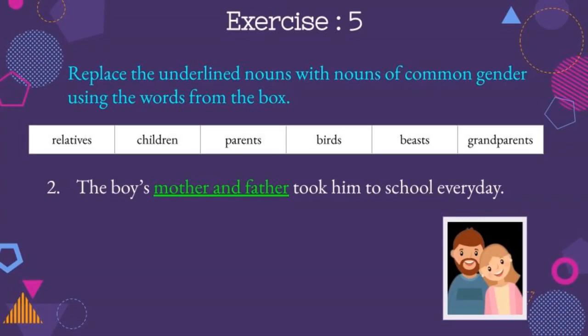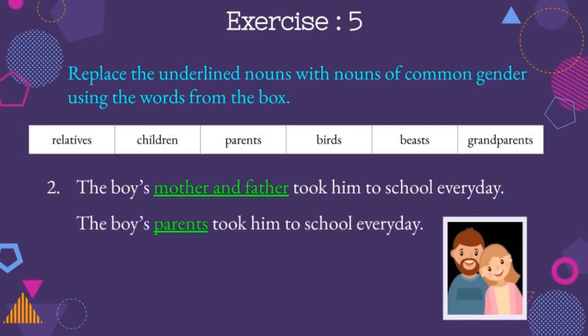Now we are going to change the given second sentence. Instead of mother and father, we are going to use the common gender parents. The boy's parents took him to school every day. What have we used instead of mother and father? Parents, because parent is a common gender.